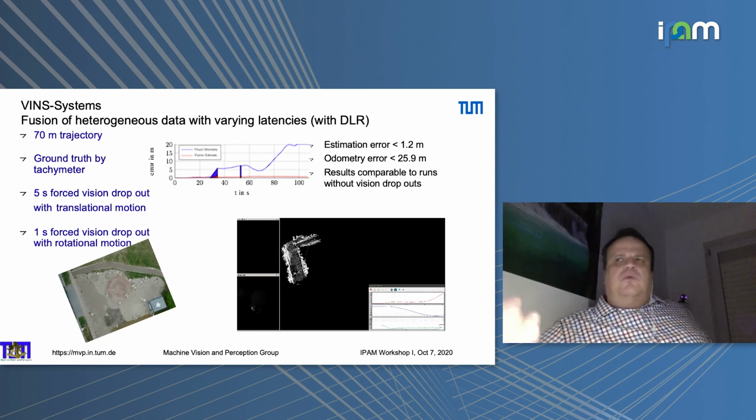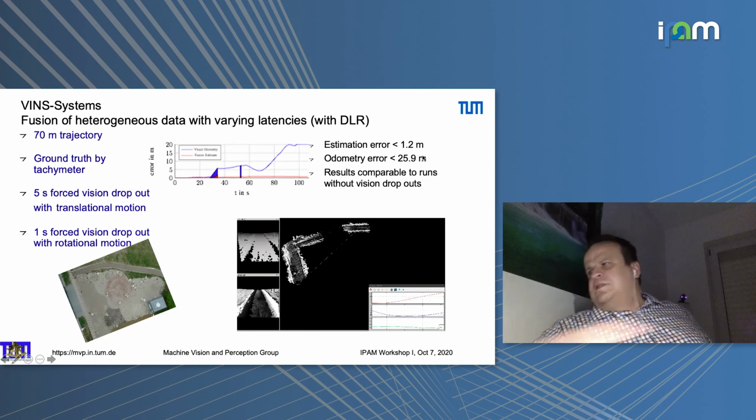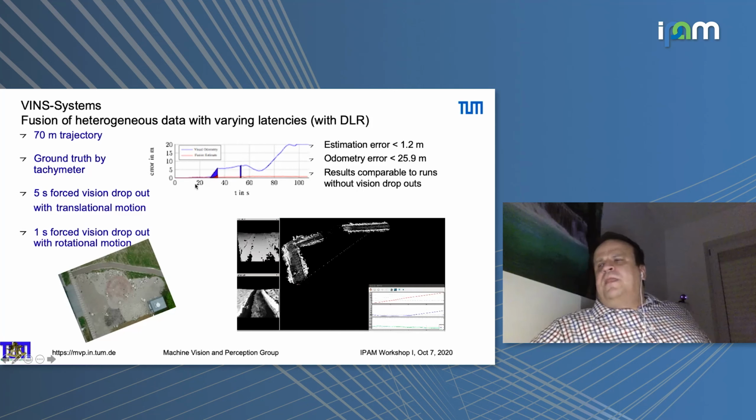And the way we were fusing the data in our system allowed us to actually still keep the error under 1.2 meters. Sounds a lot, but without the fusion, it would be 25 meters. So the system would be just somewhere. And the system is really now able to compensate dropouts of the camera.